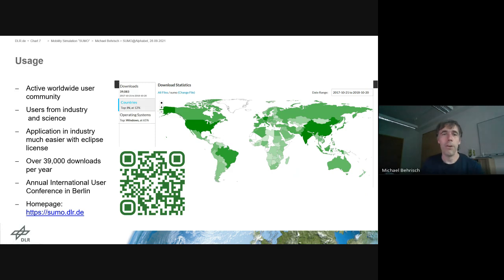Who knows? Okay, and if you want to scan this QR code, now it's your chance to get directly to the download page. So if you want to be prepared for the hands-on session at the end of the talk, this is the point where you can already start downloading.